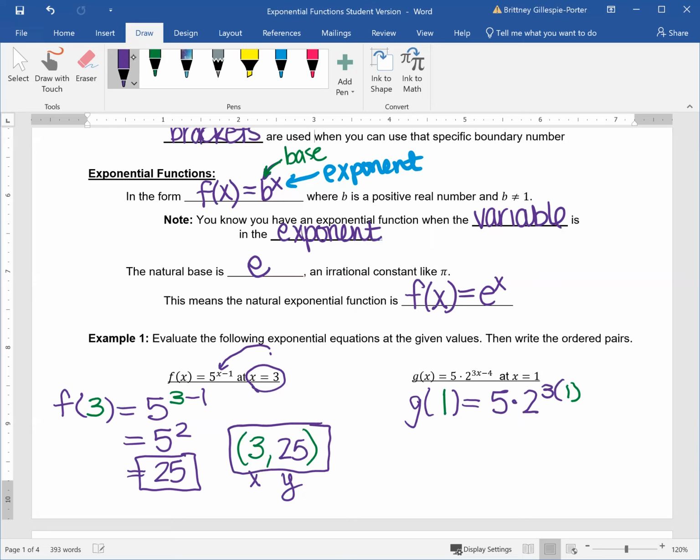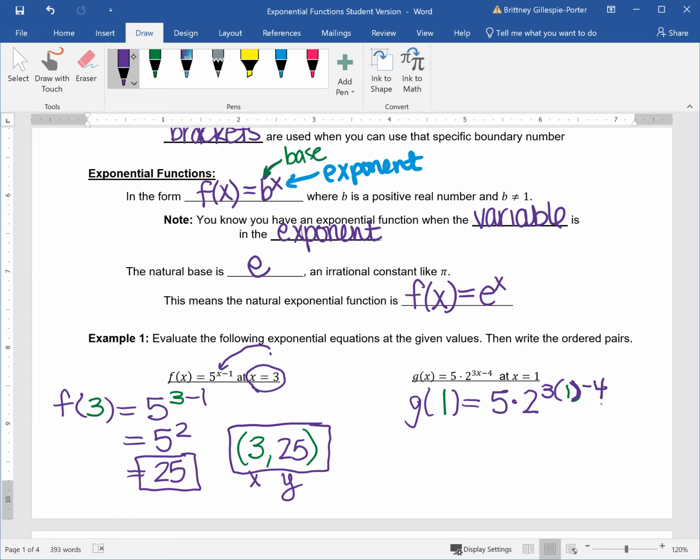By plugging in, we're going to have 5 times 2, and then in the exponent, 3 times 1 minus 4. But notice that the 4 shouldn't be down here. Even though we plugged in the 1, that 4 is still up in the exponent. Don't try to move stuff around. If it's in the exponent, keep it in the exponent.